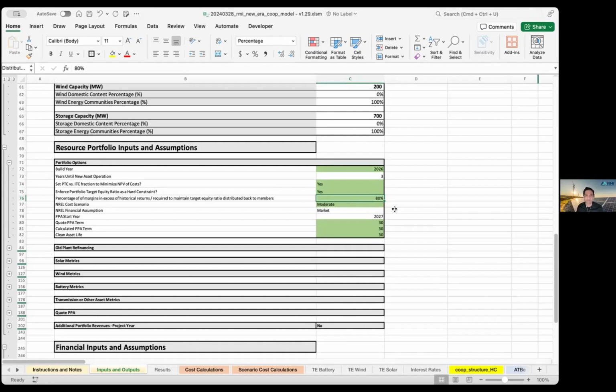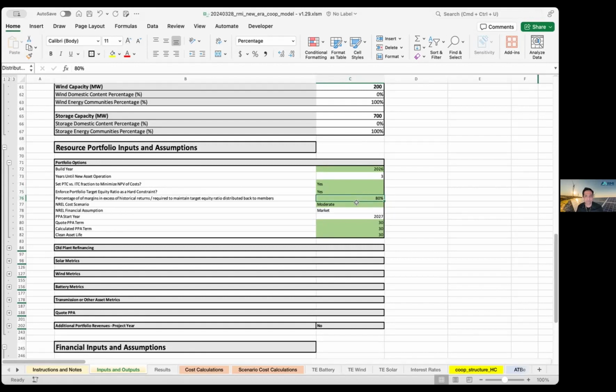Again, we know that there may be limitations and constraints on cooperatives that require you to collect enough to meet equity or interest or debt service coverage ratio constraints. However, if they are in excess, you have the option of assuming that those excesses are returned to your members as distributions.